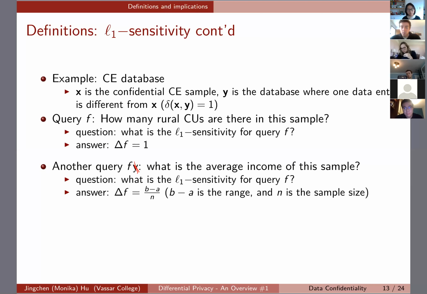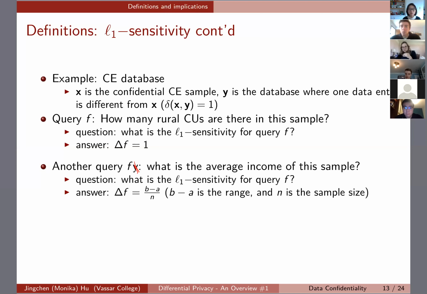But again, when choosing B and A, those values should not depend on the data themselves, because we're thinking about the scenario that X and Y differ by one record, and for the income situation, it should be a range. How we get the range seems, at least to me, very dependent. It simply depends on how the database holder is thinking about the whole thing. So that's a good thing to note.